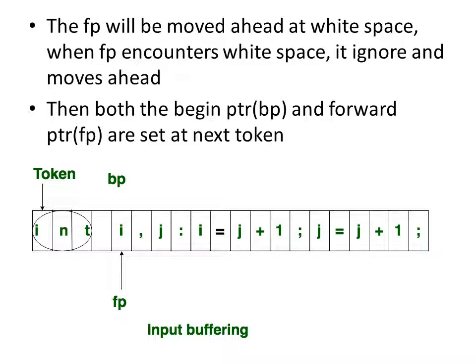To identify the second token, the forward pointer and backward pointer are set to the next token's first character, which is I. So the backward pointer and the forward pointer are presenting the same character I.